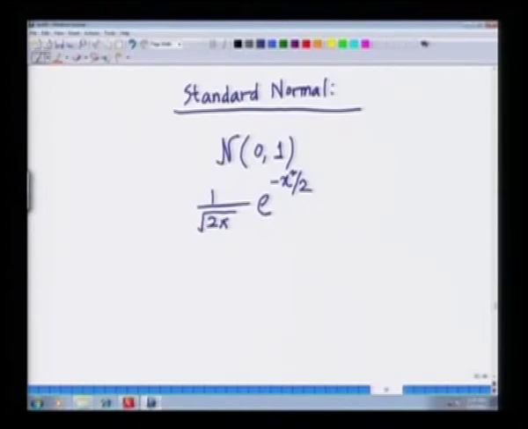This is the PDF of the standard normal, or the probability density function of the standard Gaussian.